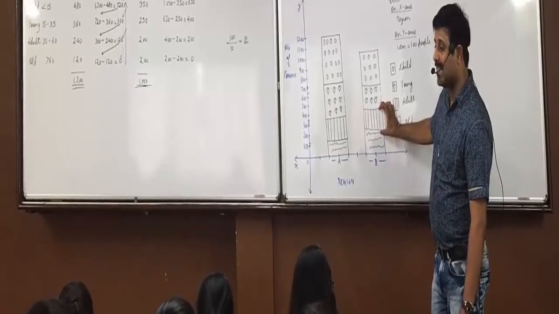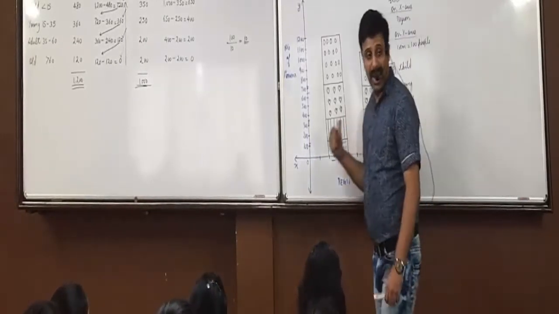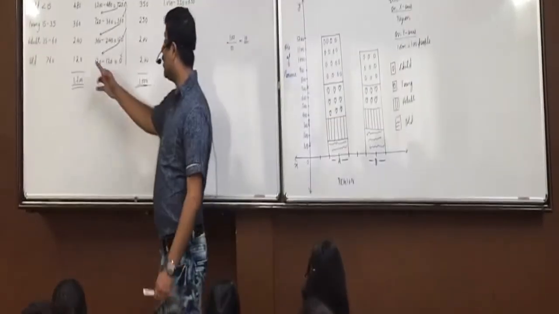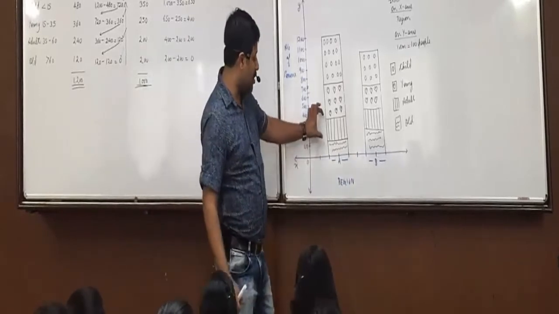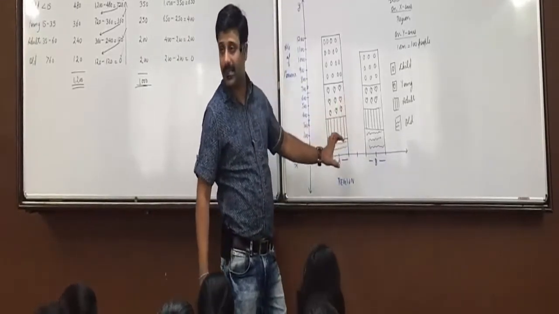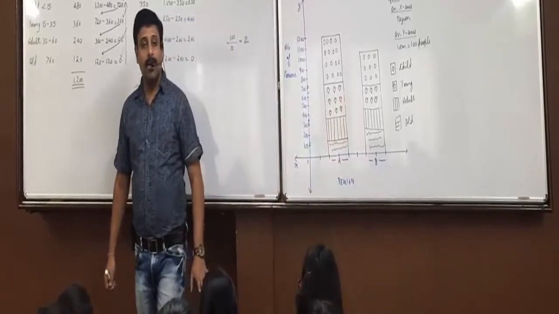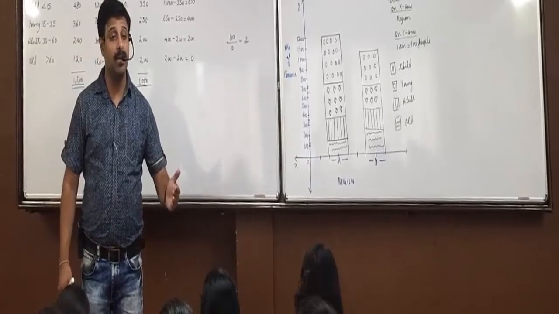Yes. So can we say that there are more adults in region A compared to region B? Looking at the diagram, here you can see 240 and in the diagram also we can see region A, the adults are looking more, region B, the adults are looking less. Okay. So can we say that in region A there are more adults than region B?